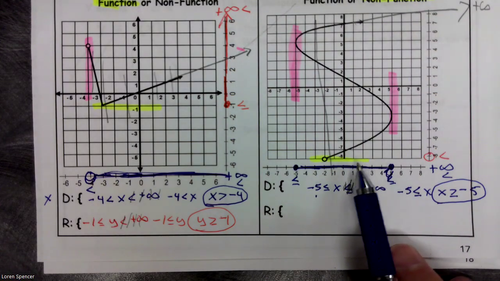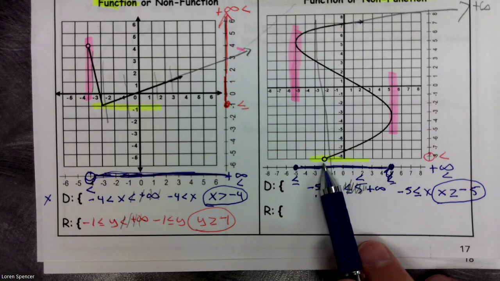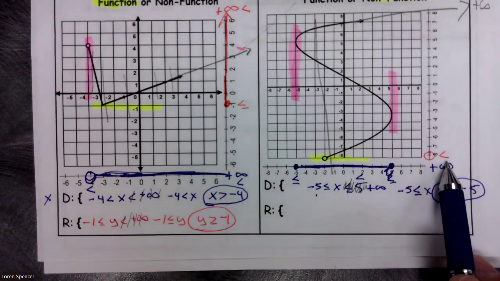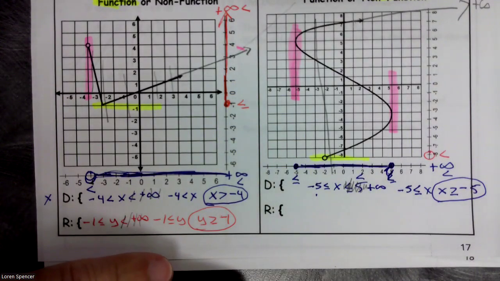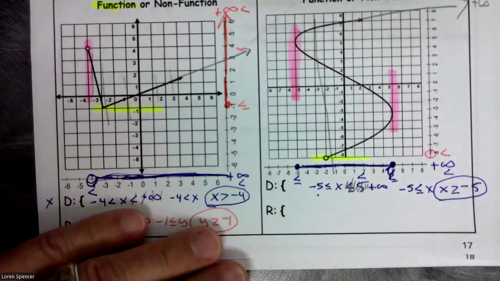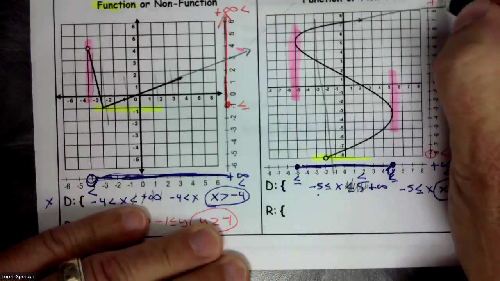So back to the range. The range was at -8. That's the lowest value. So we circled it and we use the less than symbol. All right. So moving on, we also have an arrow, so that's going up to positive infinity.